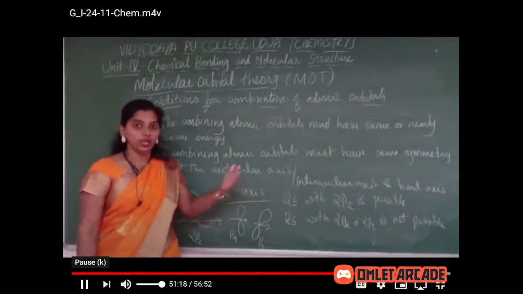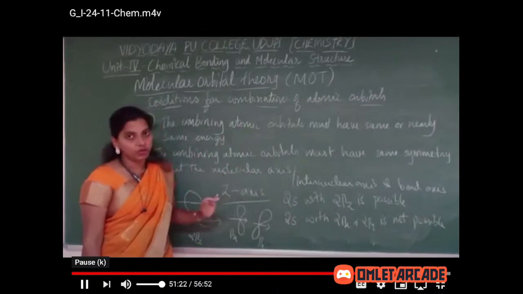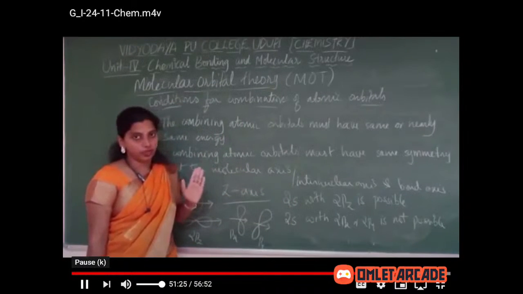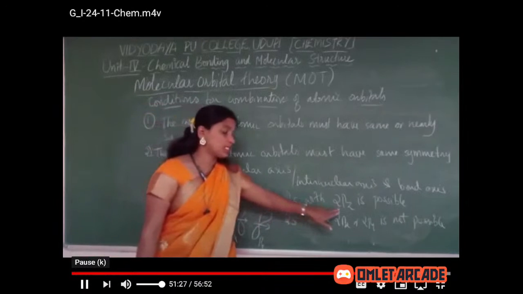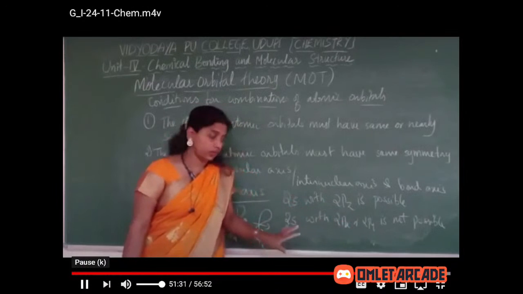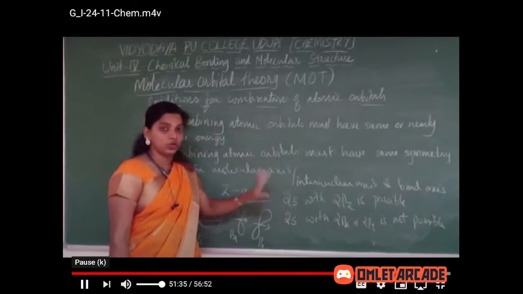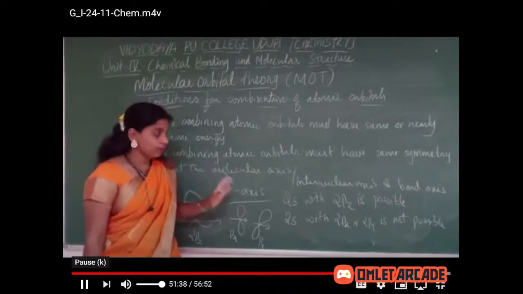Okay. In the heteronuclear molecules, this kind of combination will take place. In homonuclear, similar types should be there. So 2s with 2pz is possible, whereas 2s with 2px or 2py is not. Energy is comparable, so according to the first condition, 2s and 2p can combine.